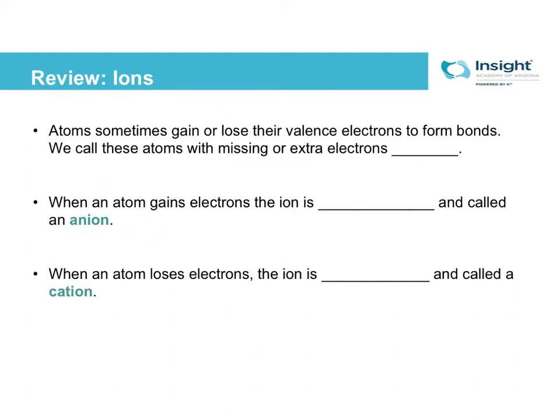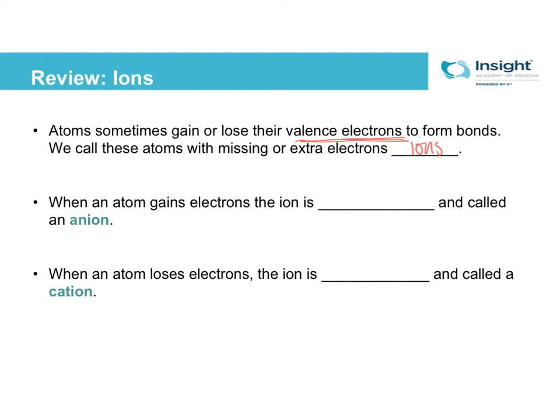So quick review, atoms sometimes gain or lose their valence electrons, those important outer ones, to form bonds, and we call these atoms with missing or extra electrons ions. So when an atom gains electrons, we've got extra negative charges. Are we overall positive or negative?